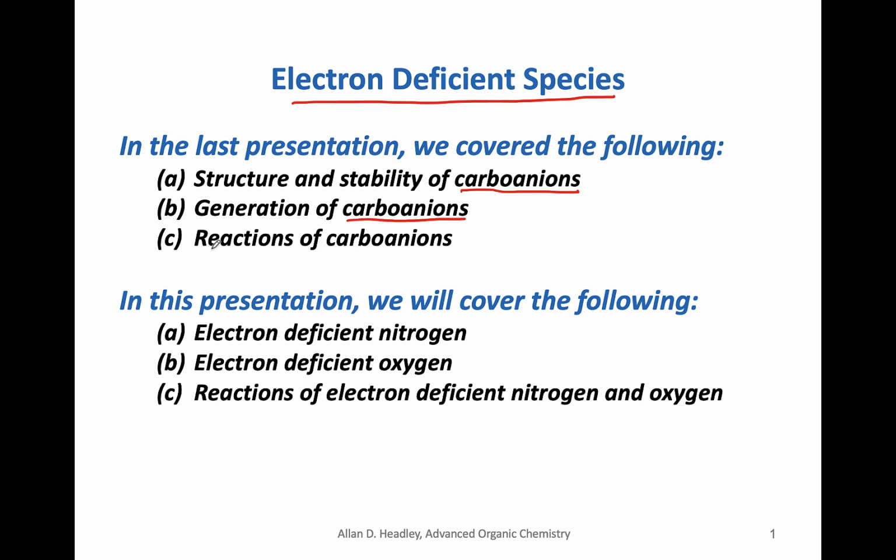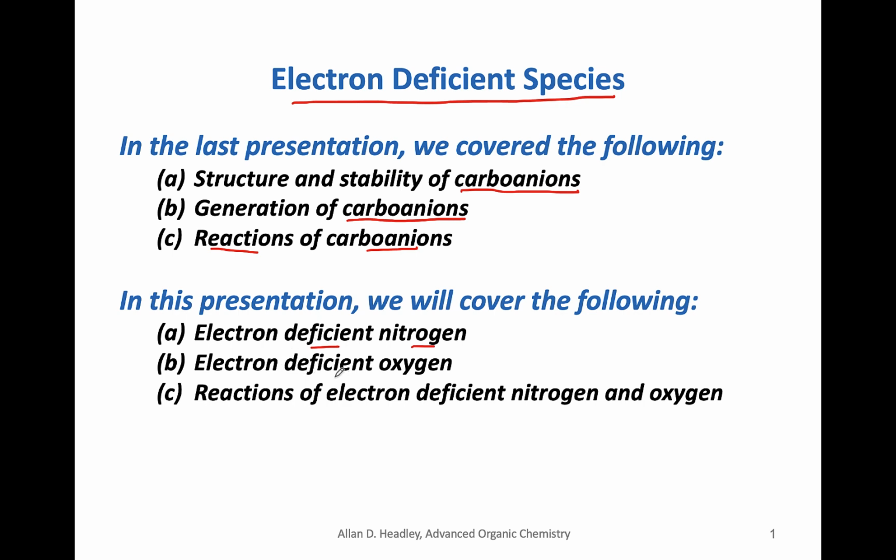We also looked at reactions of carbanions, not as many as carbocations, but they do rearrange and are involved in different type reactions. In this presentation, however, we will look at electron deficient nitrogen. As you can imagine, it's going to be a nitrogen that's partially positive or fully positively charged.